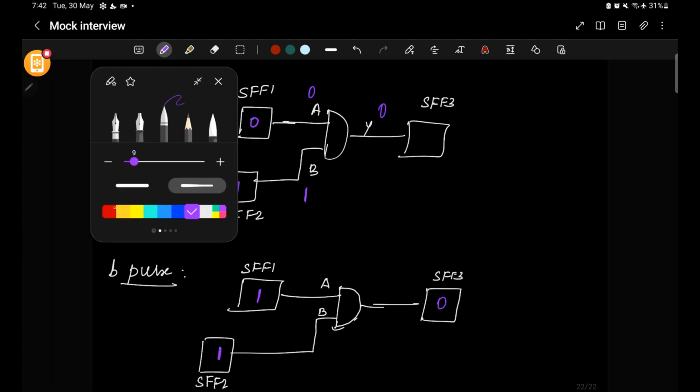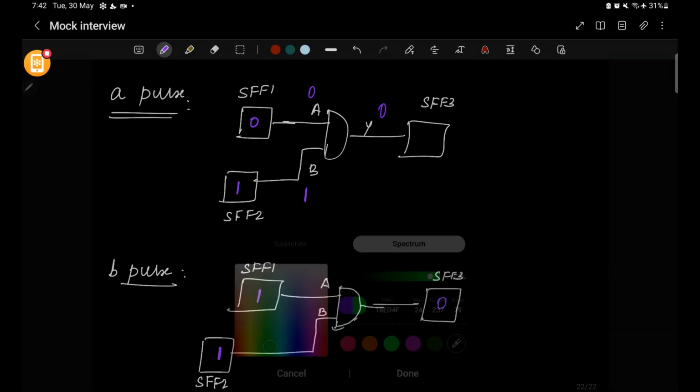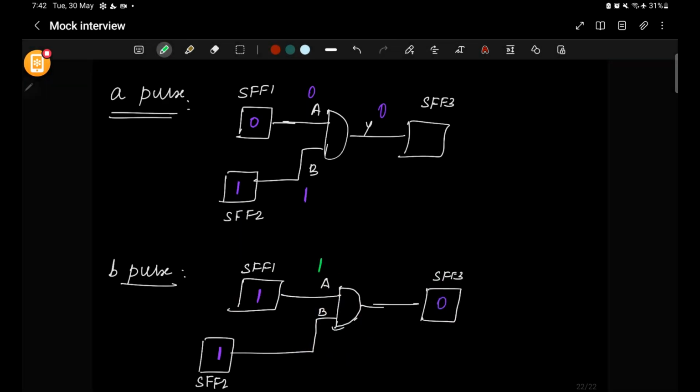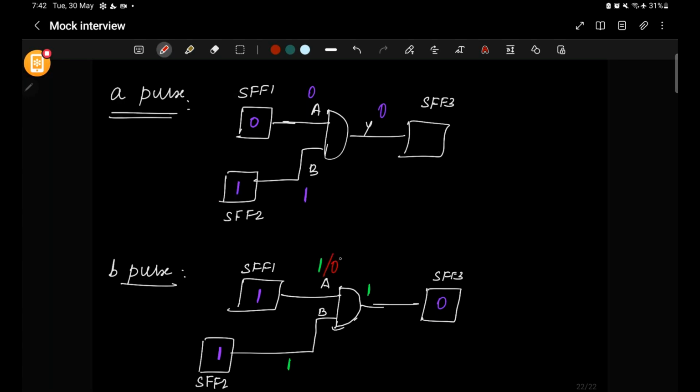So what will happen? If there is no A slow to rise fault, then here it would have quickly changed to 1. So the good value will be 1. If there is an A slow to rise fault, it will be 0. Within that time period, it wouldn't have changed. This problem can be in net A or in scan flop 1, anywhere.